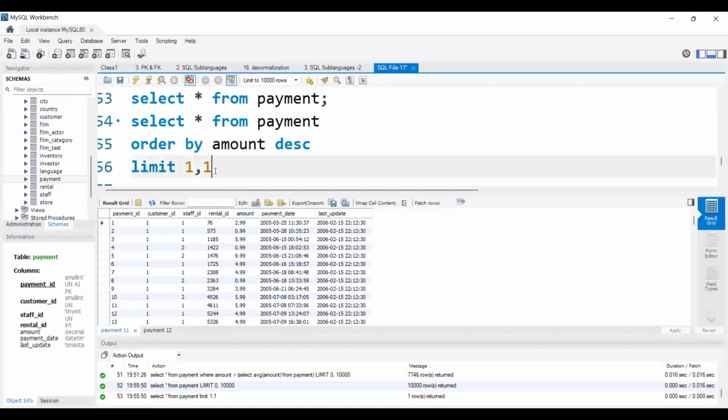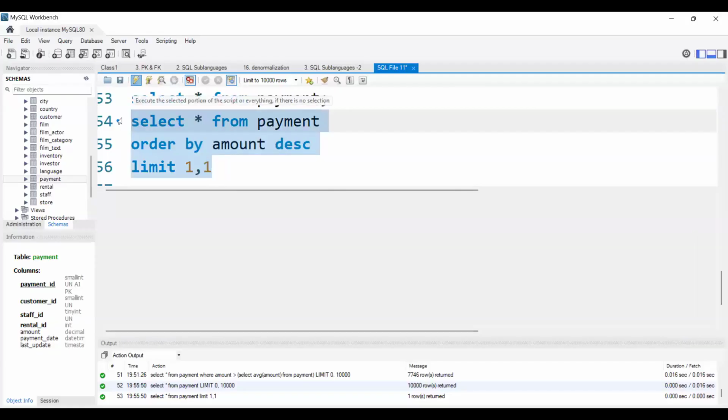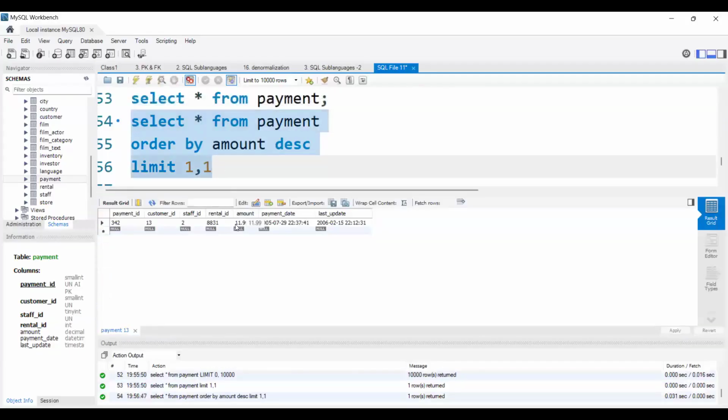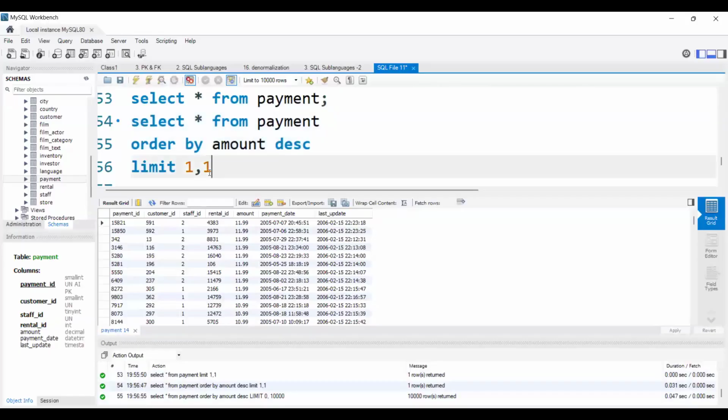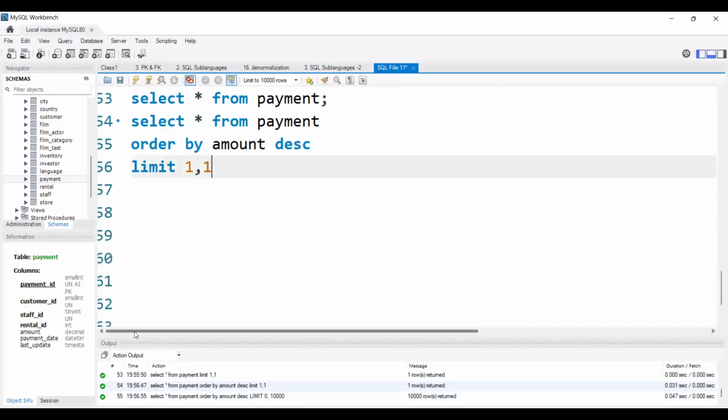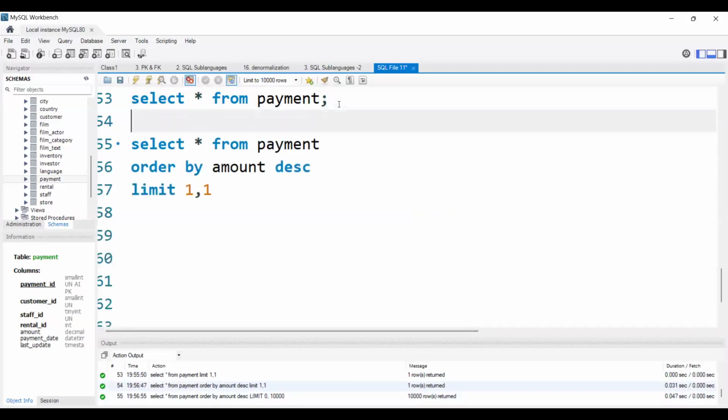Then we will use limit. If we use it like this, I got 11.99, right? Without limit, if I use this, it will sort my data in descending order, and then I need to use limit 1, it will give us the second record. Correct? Right?